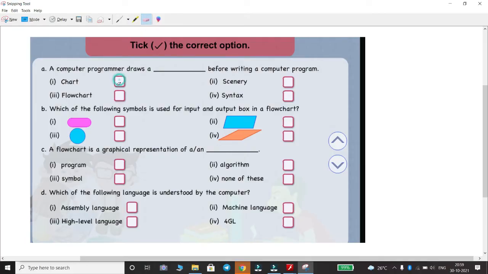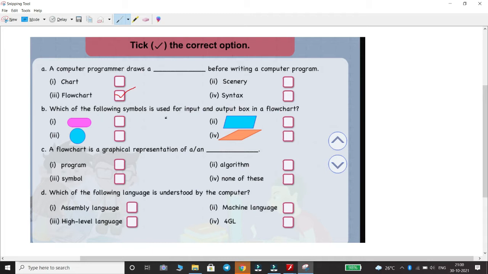Textbook exercise. Take the correct option. First question. A computer programmer draws a dash before writing a computer program. Options: chart, scenery, flowchart, syntax. Answer is flowchart. Second question. Which of the following symbols is used for input and output box in a flowchart?